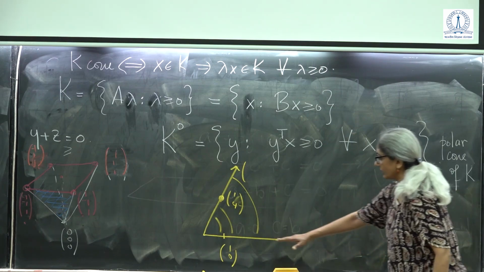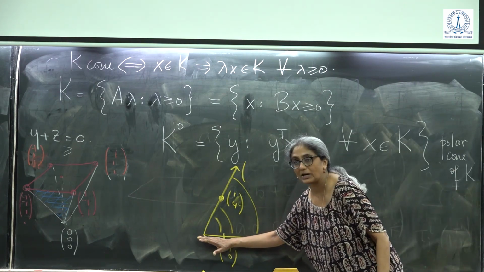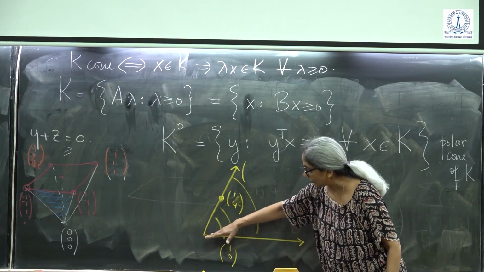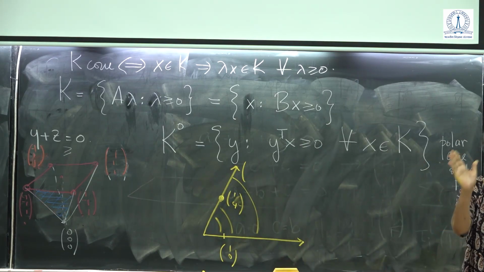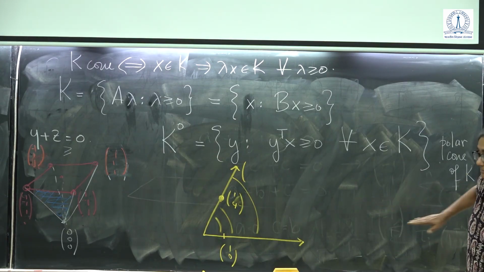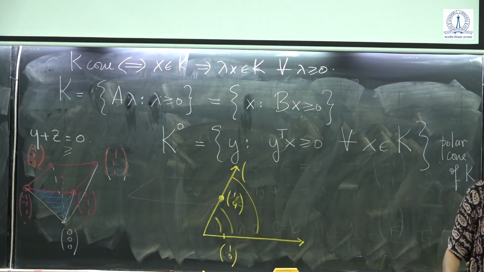So in particular, it should make non-negative inner product with (1,0), right? So how far can you take it so that it should make greater than or equal to 0 inner product with the bottom ray? It should make only acute angles, right? But the maximum you can go is 90 degrees away from that guy.